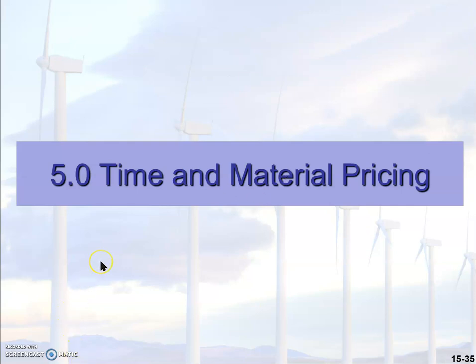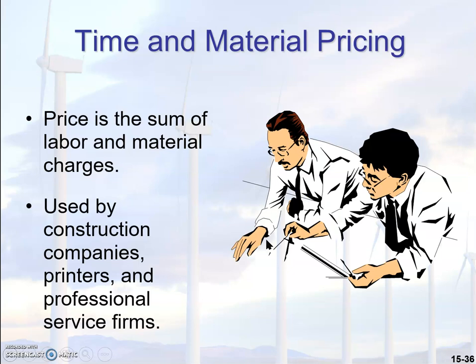The fifth method to set the price is time and material pricing. Okay, now let's look at the components of time and material pricing. Price is the sum of labor and material charges.